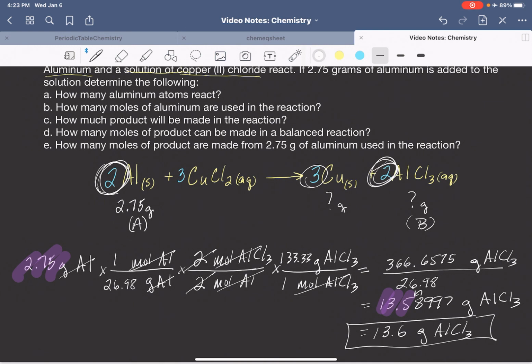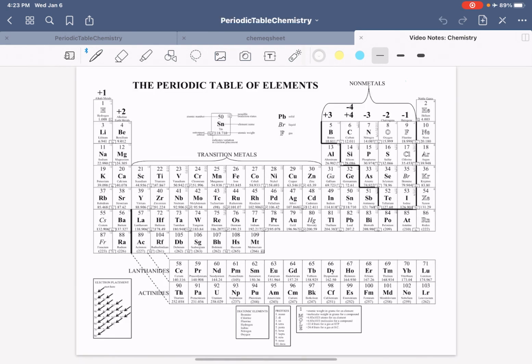So now let's think about this for a second. So 13.6 grams of aluminum chloride, and then we had over 9 grams of the copper that were made. So if you look at those numbers, pardon me, that's higher than 2.75. Well, that makes some sense. If you look at the periodic table, look at our reaction.